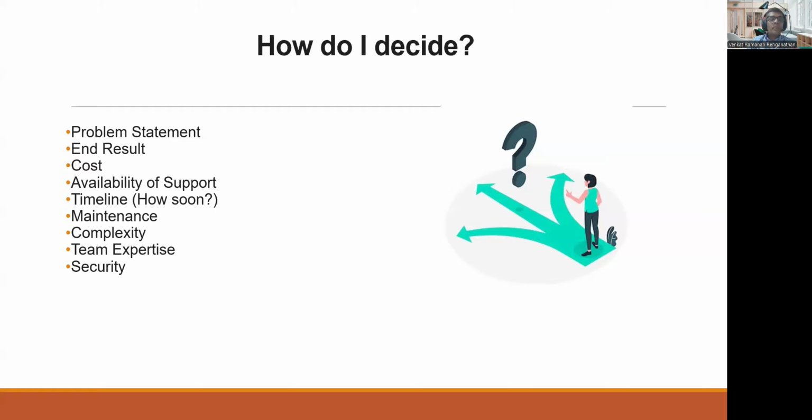Then the complexity of the application is very important, right? How complex it is will help you to decide the technology. And team expertise is also an important factor to consider: whether your team has expertise in a particular technology needs to be determined before we decide on it. And security of the technology is very, very important.